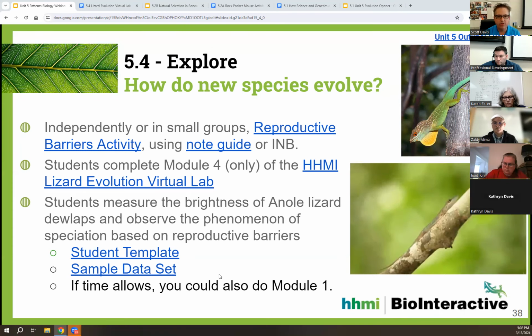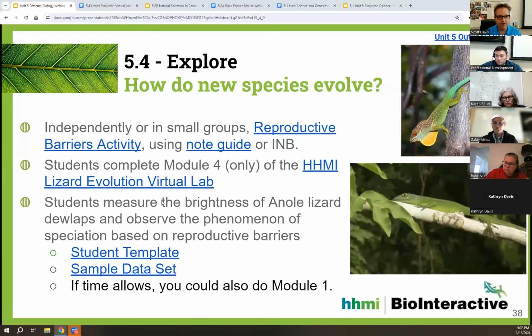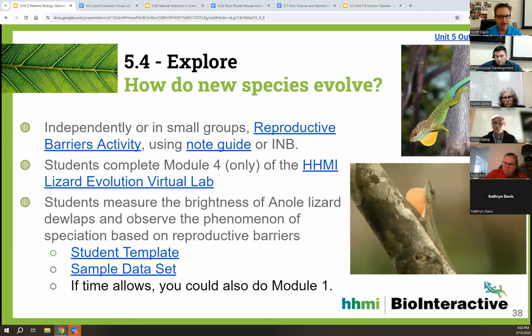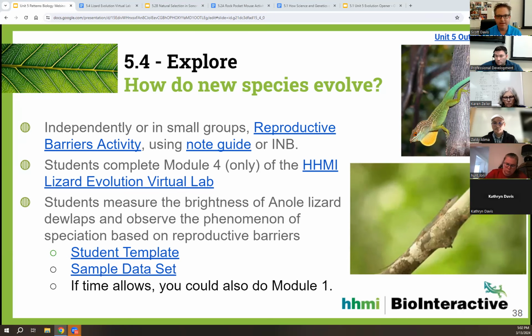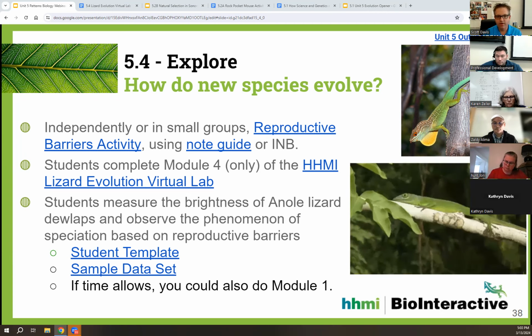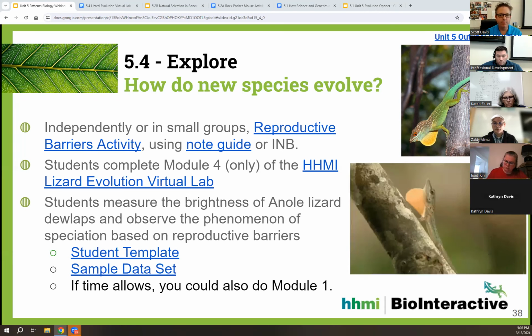Because we're trying to get students to understand really what causes speciation is this idea of reproductive isolation, or keep organisms that are not able to reproduce with each other successfully for whatever reason. It could be habitat differences, timing differences, the structure of the organism themselves.